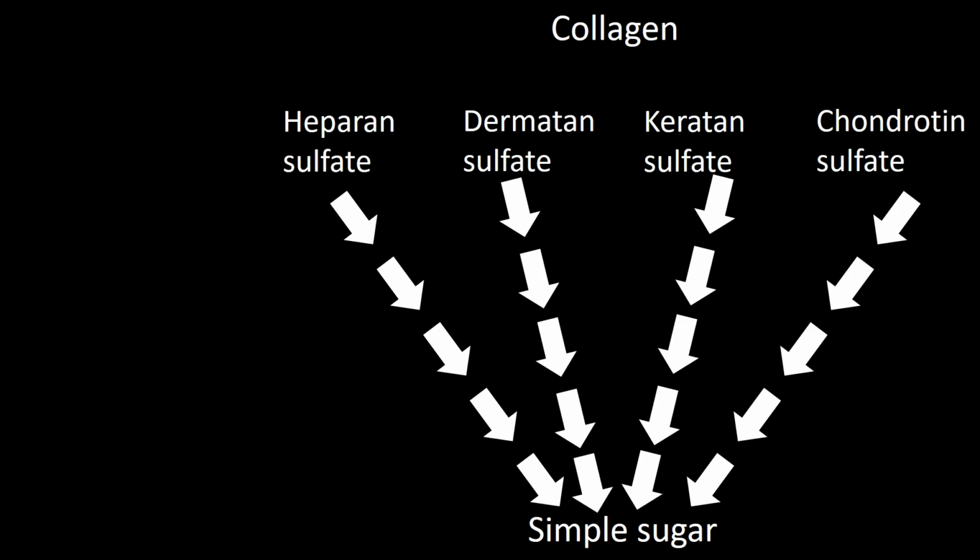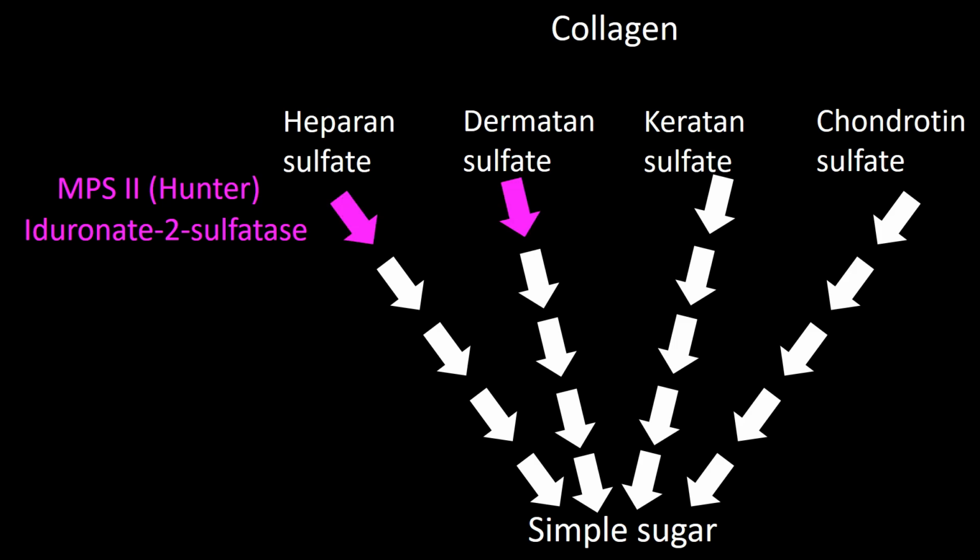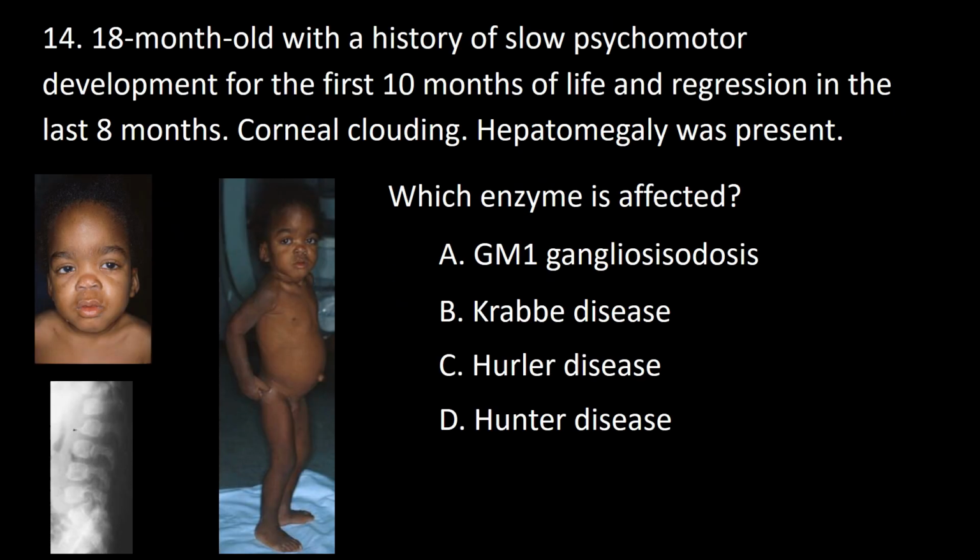These structures undergo changes induced by different enzyme processes that, when they malfunction, produce diseases such as Hunter in the case of iduronate 2 sulfatase malfunction, which involves heparin and dermatan, and Hurler's disease in the case of alpha L iduronidase deficiency, again involving heparin and dermatan. So the answer to this question is C.